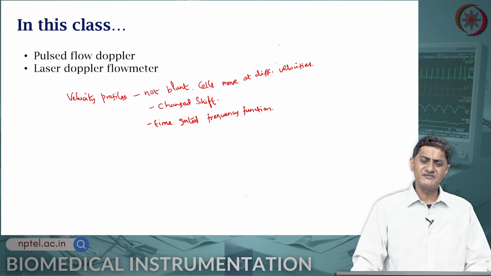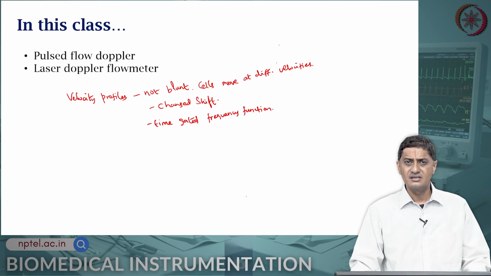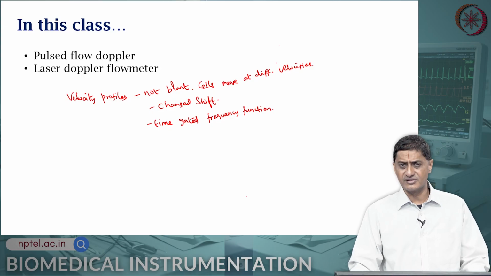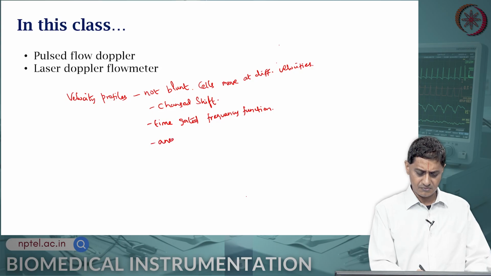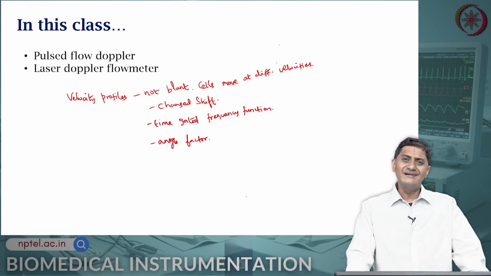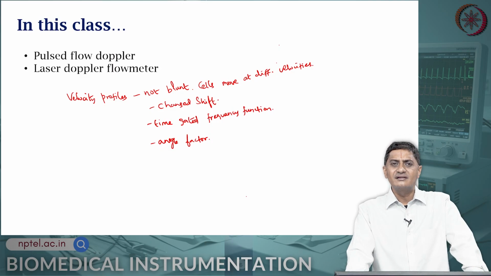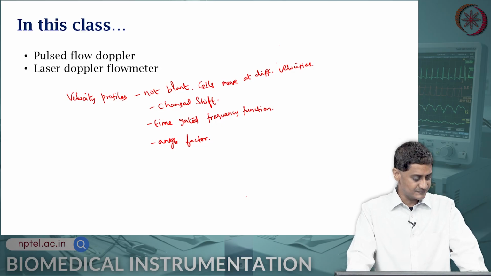Another reason that we have previously seen is that at different angles to the beams, the velocities measured are different. So, you need an angle factor. The other thing could be that cells whose velocities are being measured might be tumbling, or they might move due to turbulence.